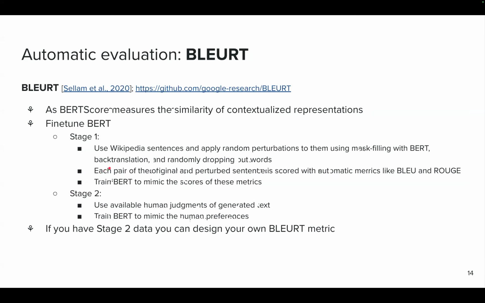However, what you would do now is not do any of these fine-tuning steps. That's done. You can just use the BLERT, which is basically the specialized BERT that you then use, like we have said, to get two contextual representations and check the cosine similarity between them.